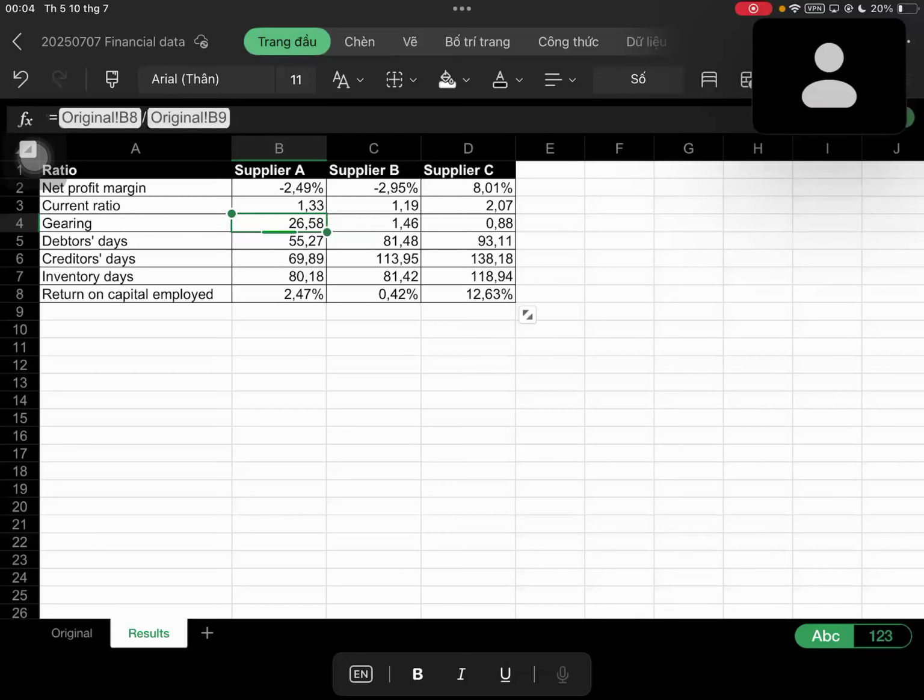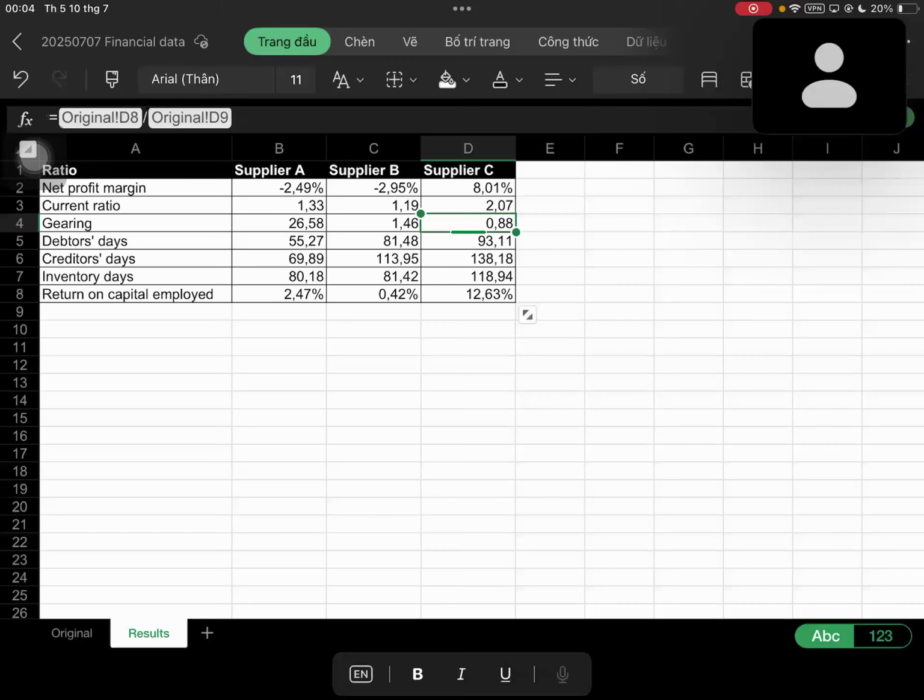Supplier B has much lower gearing at 146%, and supplier C has a pretty healthy gearing at 88%. For debtors, supplier A collects the money pretty quickly at 55 days. Supplier B takes a little longer, 81, and supplier C 93 days on average.